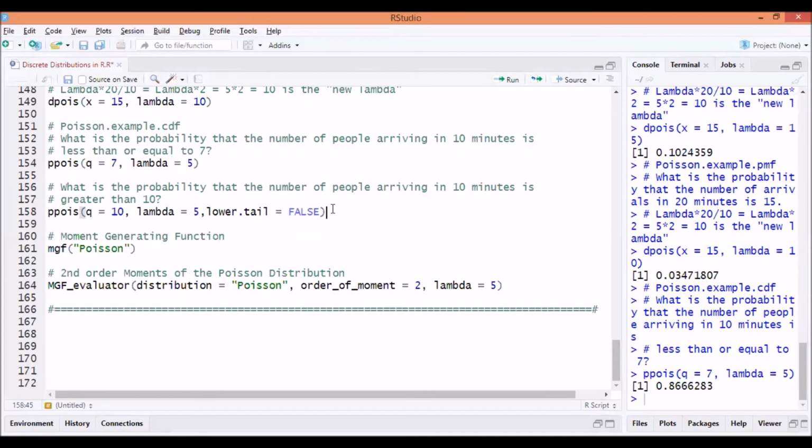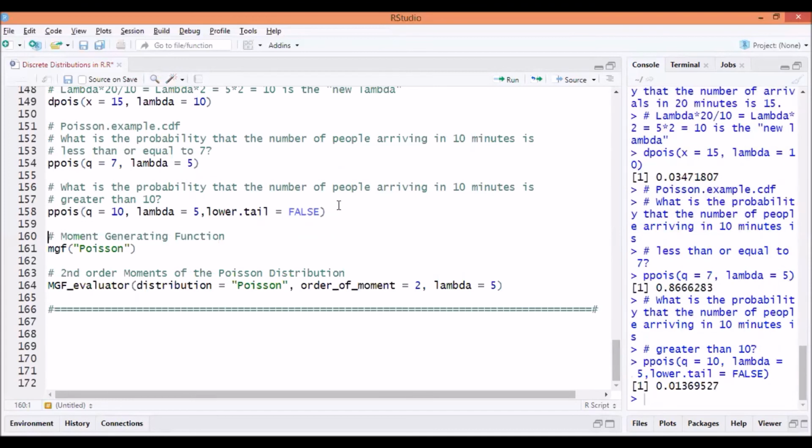If we submit this line of code, we'll find that it is roughly 1.37%. Now, 0.0137 is the chance for us to have more than 10 people arriving in 10 minutes.